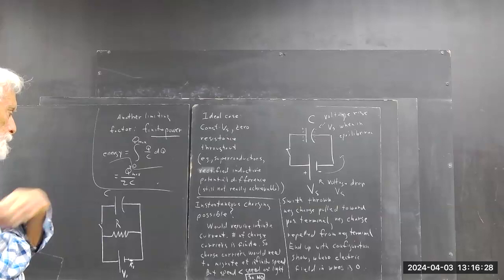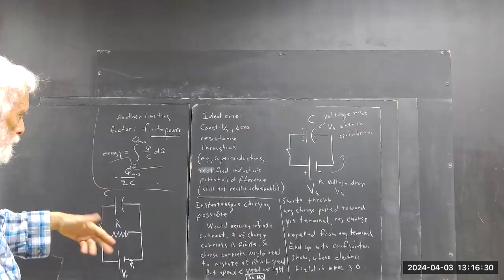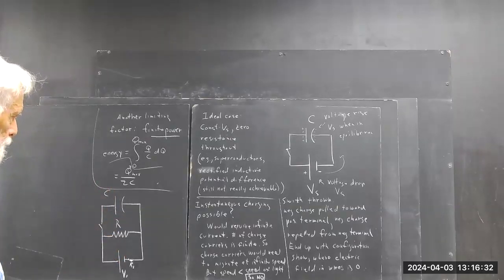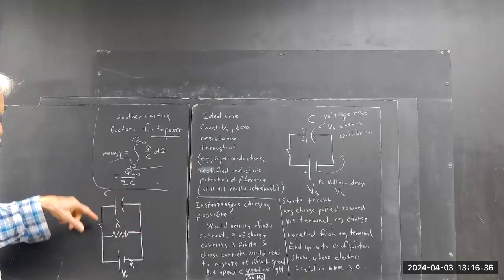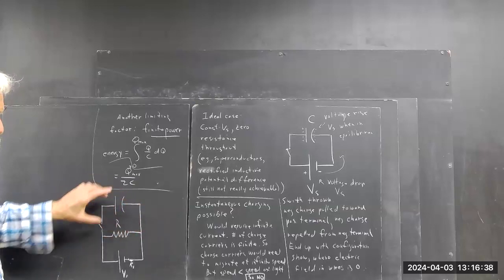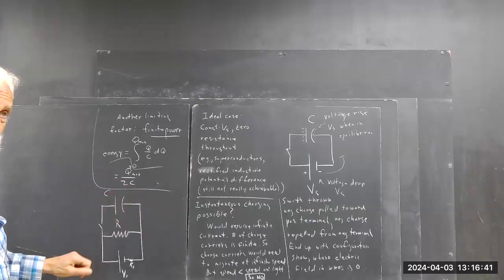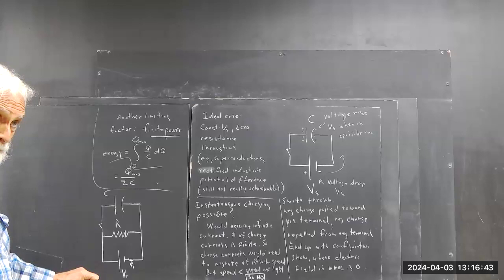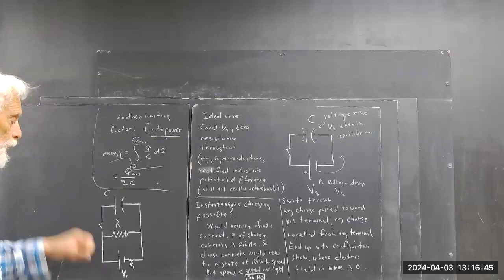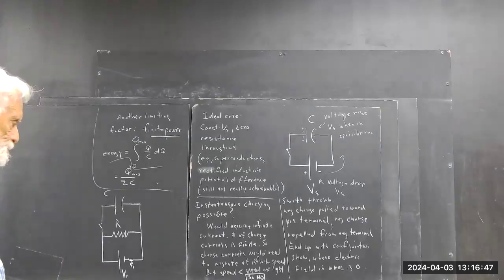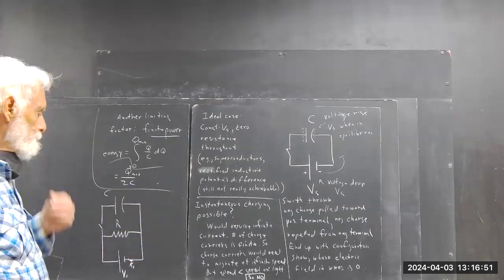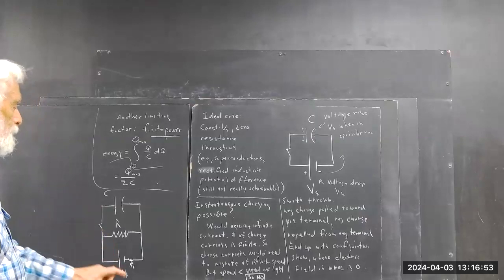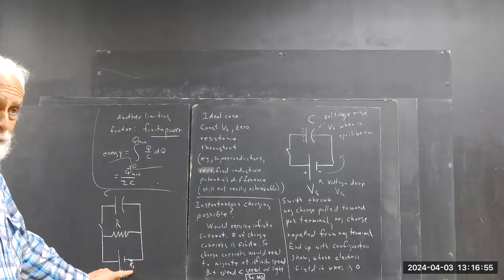So conceptually, now what's going to happen to the capacitor? What's going to happen to this resistance? We're still going to assume zero or negligible resistance in this part of the circuit. So basically, you're not going to get an infinite current because of this.